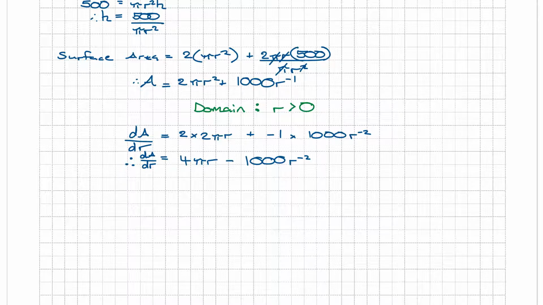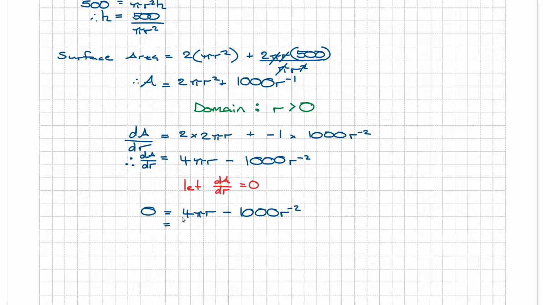Now remember, we've got to look for the local maxima and minima in this case. So we're going to let dA over dr equal 0, and now it's simply a case of solving for r. We've got this strange equation with an r and an r to the -2. Let's get rid of the r to the -2 by multiplying both sides through by r squared.